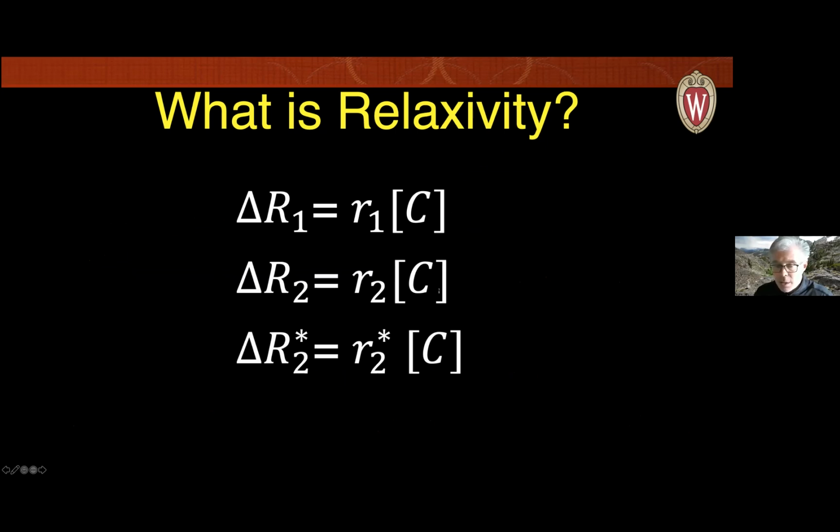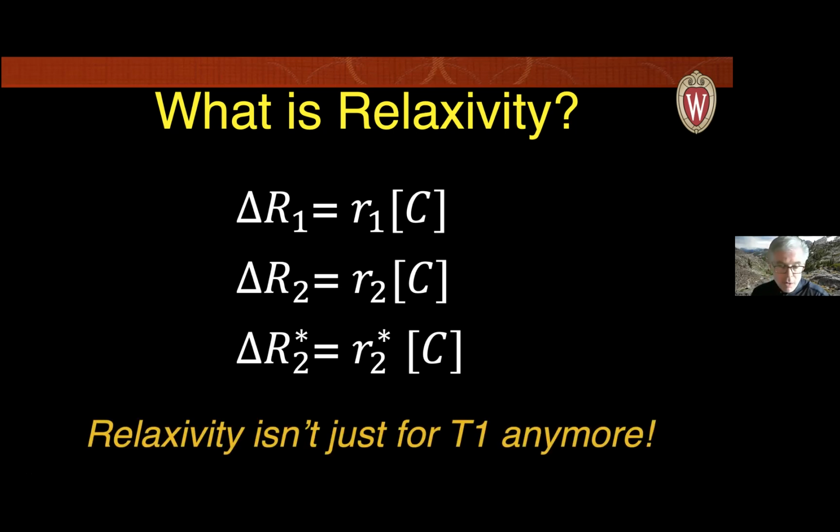The higher the concentration of the contrast agent, the more shortening of the T2 or T2 star that you're going to get. And so contrast leads to a darkening of T2 weighted and T2 star weighted images, and it leads to brightening of T1 weighted images for all the reasons that you know. Just a reminder that relaxivity isn't just for T1 anymore.